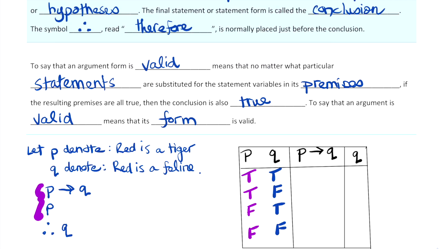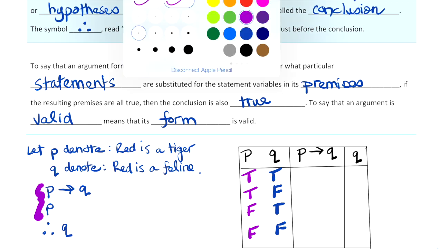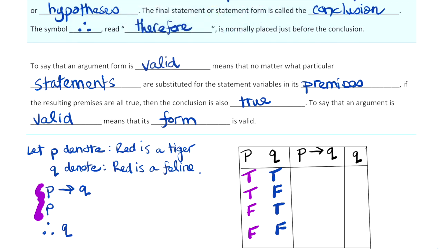All right, so P implies Q is another premise, is it not? So we'll write this one in pink as well. Remember, the only time it is false is when you have a true premise and a false conclusion. So this will be true. This guy will be false. Then we'll have true, true.